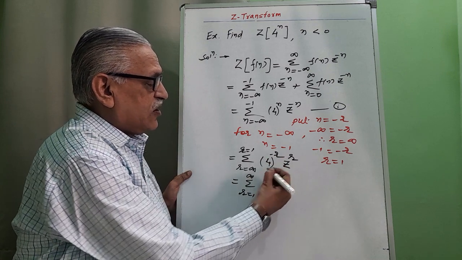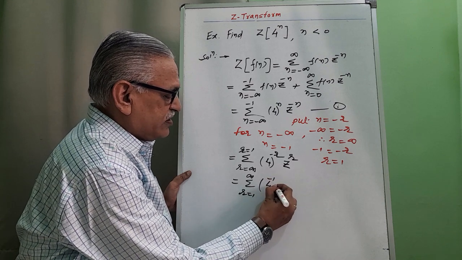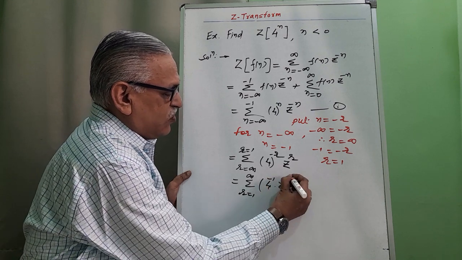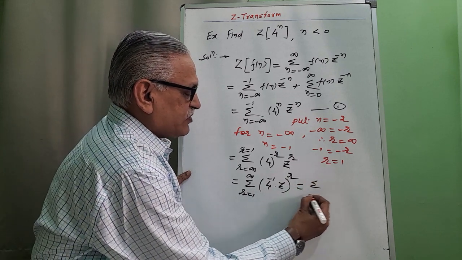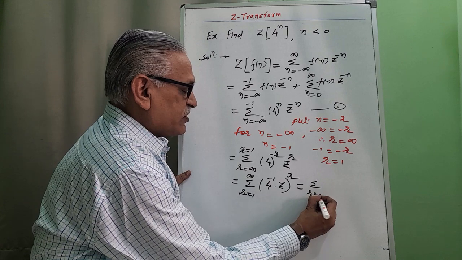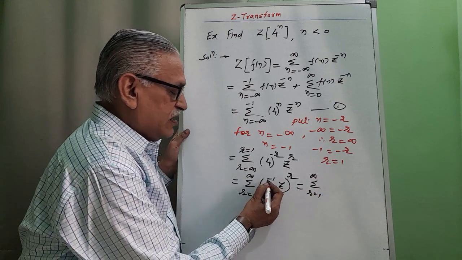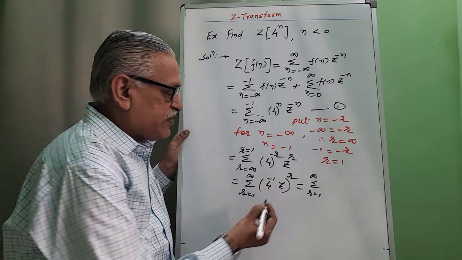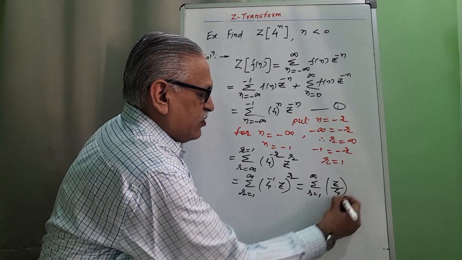Combining, taking r common, we have 4 raised to minus 1 into z and whole raised to r, which is the summation from r equals 1 to infinity. 4 raised to minus 1 we transfer to the denominator, and therefore we have z by 4 and whole raised to r.